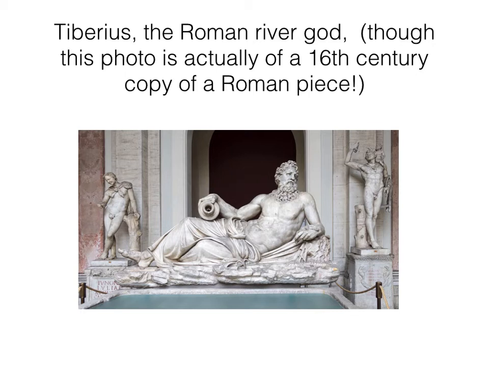And the river god is generally seen as a symbol of fertility and plenty. And so here we have, again, the same pose, propped up on the left elbow, the right arm reaching forward, and this is a clear progression from the previous images.